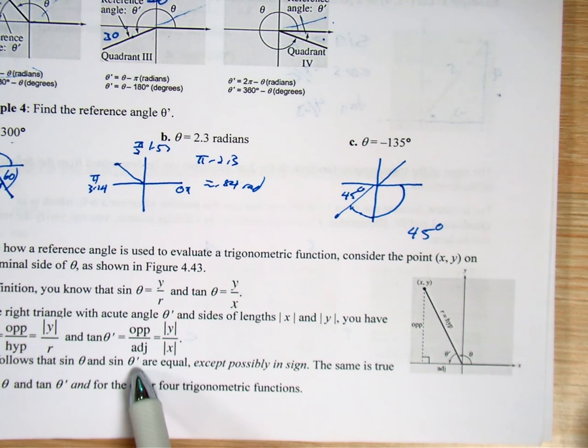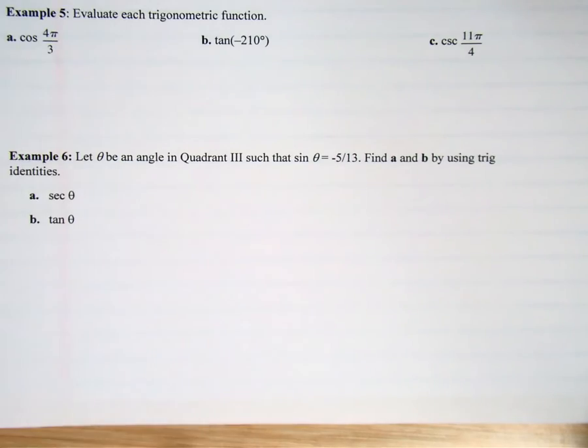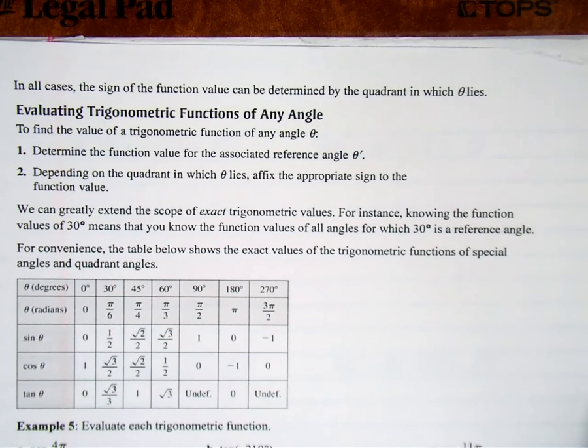So it follows that sine theta and sine theta prime are equal, except possibly in sign, because it's absolute value compared to just regular y or regular x. And the same is true for tangent and tangent prime, and for all the other ones. In all cases, the sign of the function value can be determined by the quadrant in which it lies.